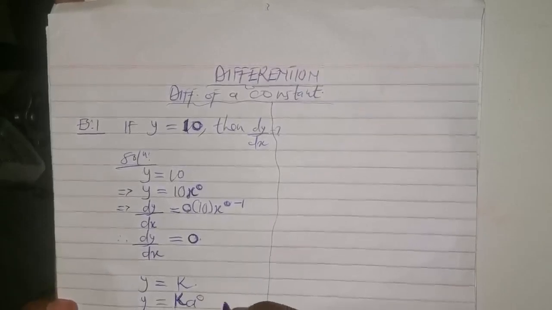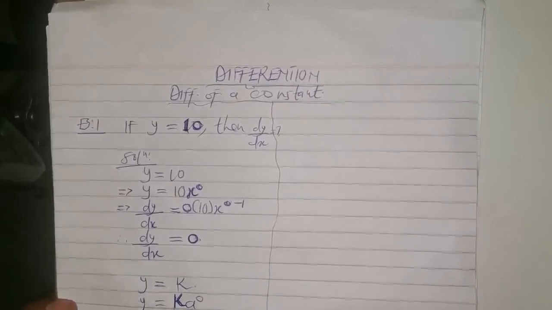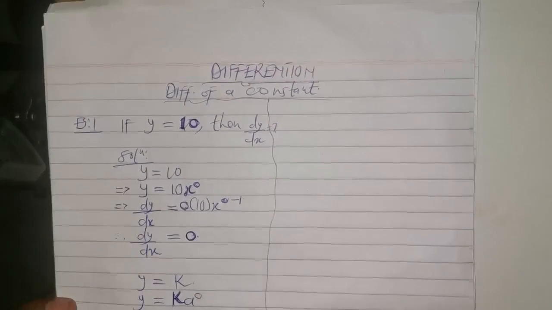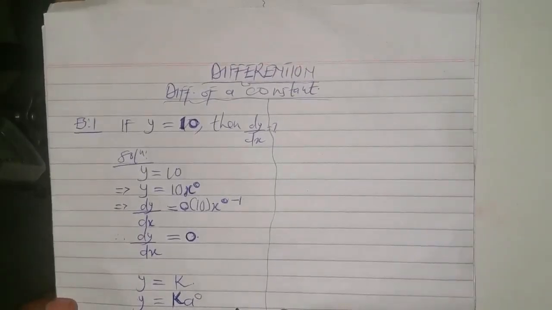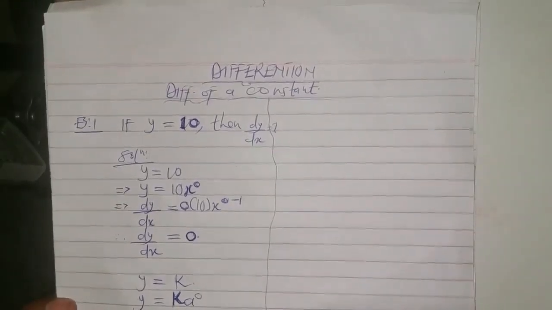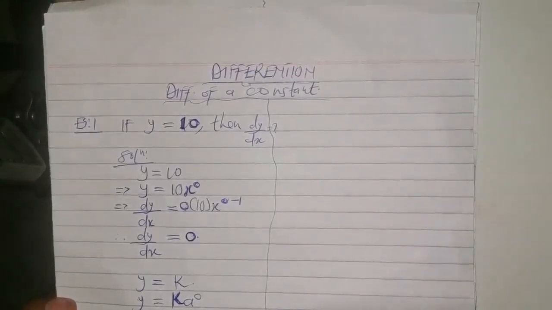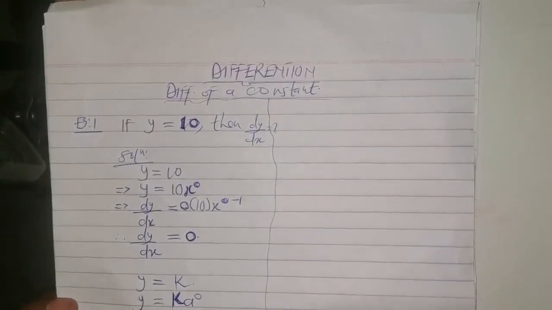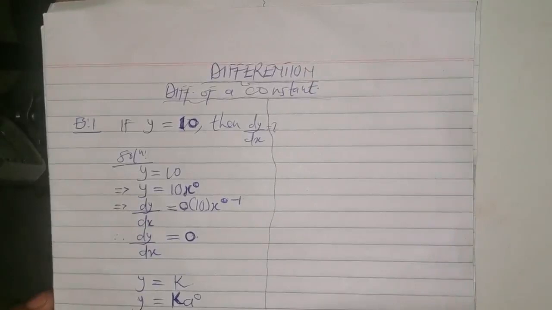If I want to differentiate y with respect to a, the 0 will come and multiply k. Then I have a to the power 0, then I subtract 1 from here. 0 multiplied by a number is 0. So therefore dy over da is equal to 0. So that is how the constant rule is applied.